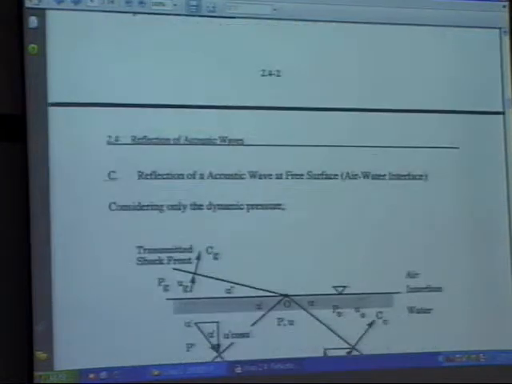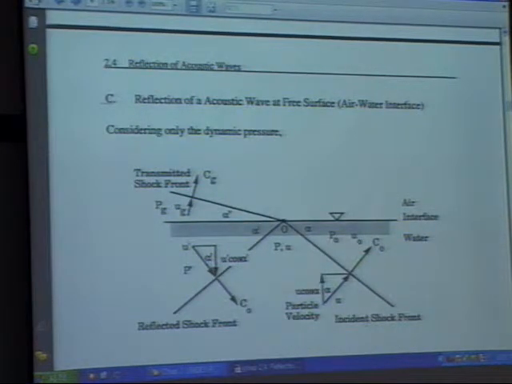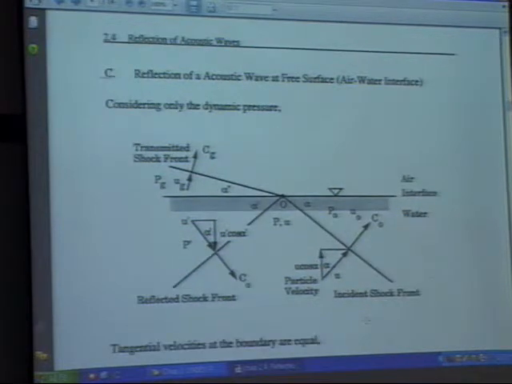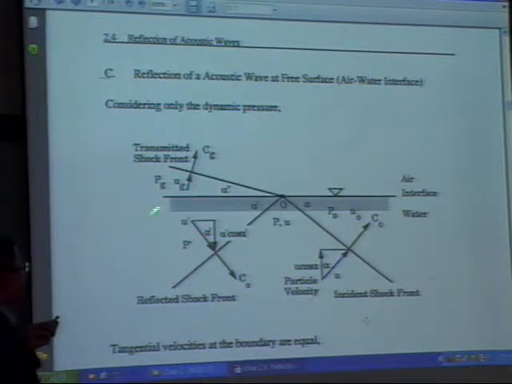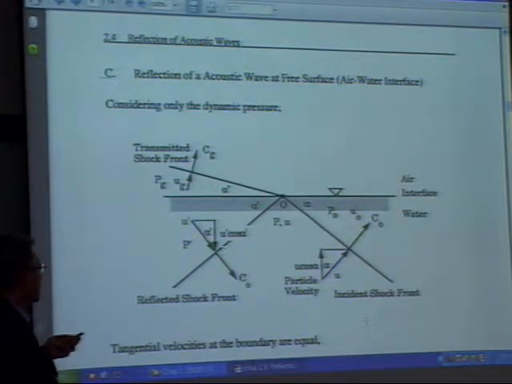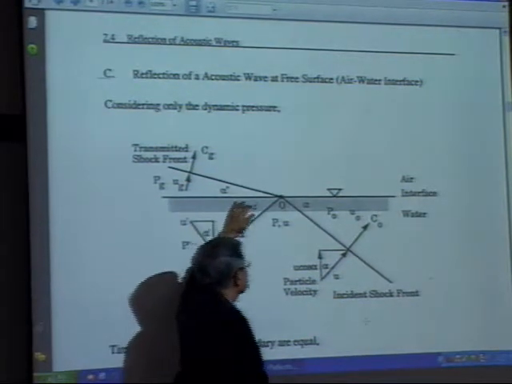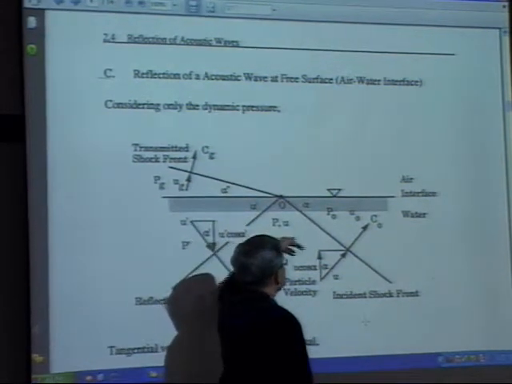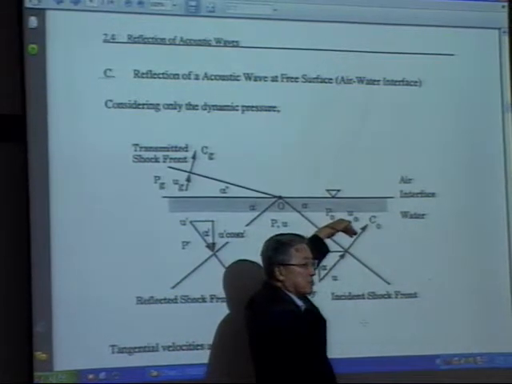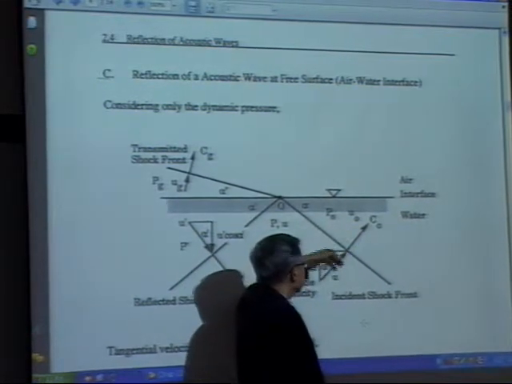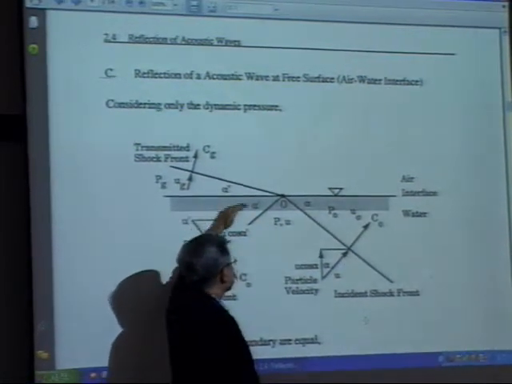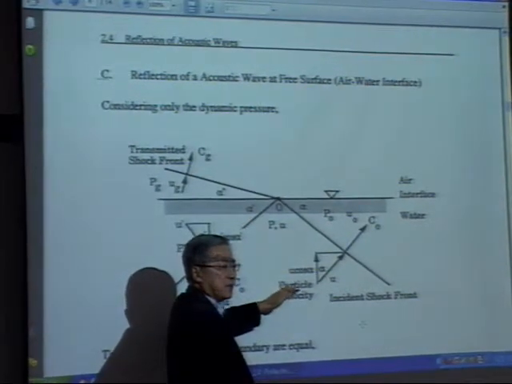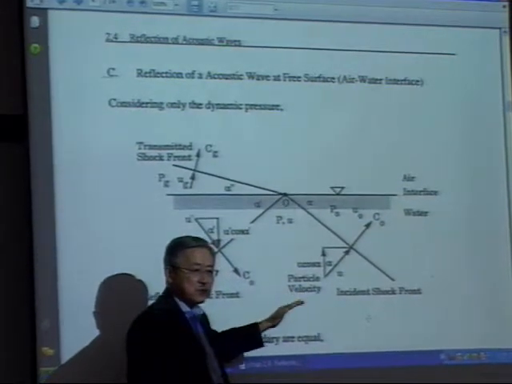This is a clue. Now this part is the most difficult; once you understand this, it is very easy to understand the air-water interface. Now, this is a free surface. The incident shock wave hits the free surface, and right at the surface, a reflection wave will come back straight down into the water.